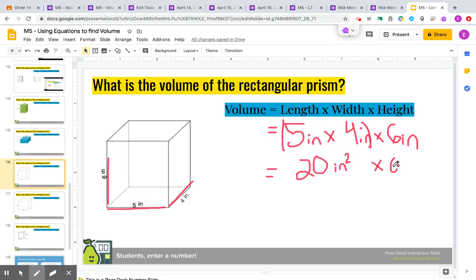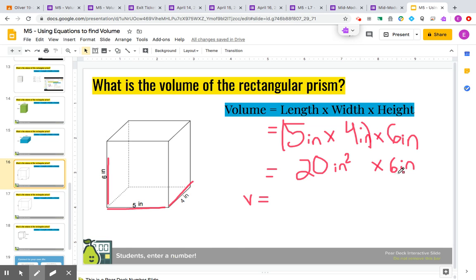And then I multiply by 6. Now, in multiplication, you can multiply any two numbers you want first. I did this one first because multiplying by 20 is so much easier than multiplying 5 by 24 or 4 by 30 in my mind.